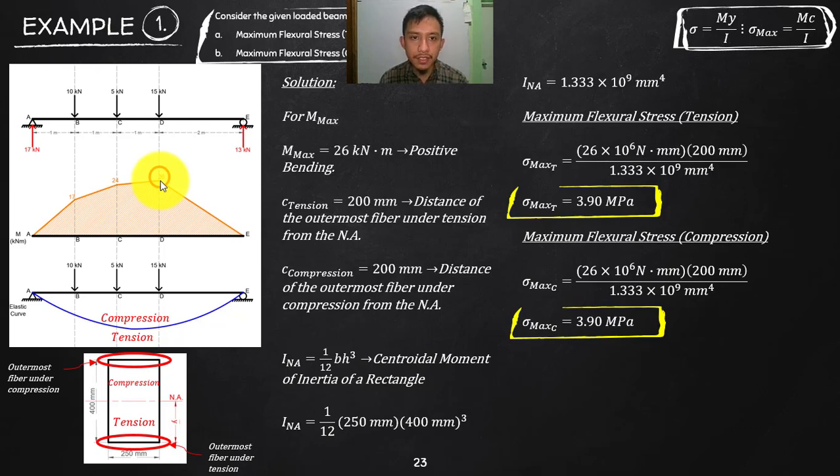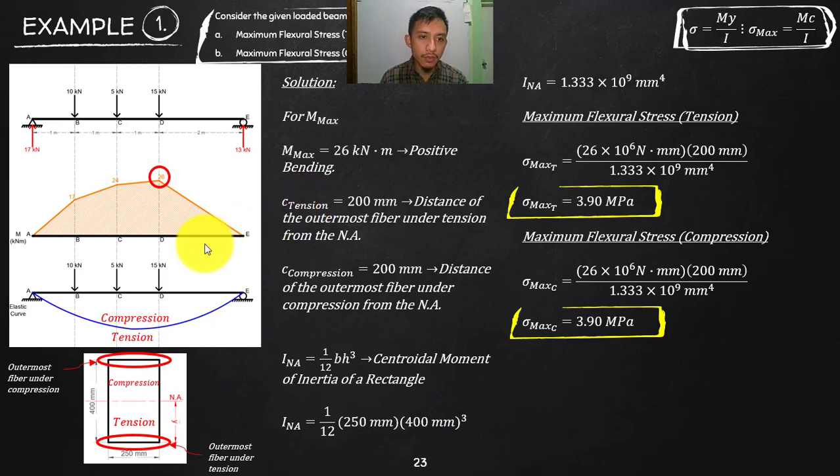So that is 26 kilonewton meter, positive. As I've said, this is a simple rectangle, so your neutral axis is located at the centroid, half of the height: 200 down, 200 on top. So the distance c for tension is 200.